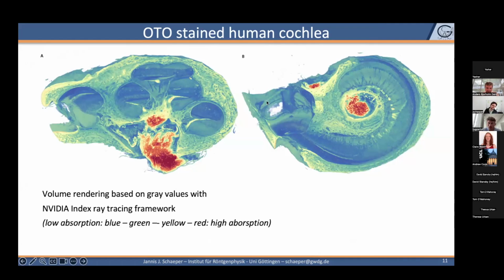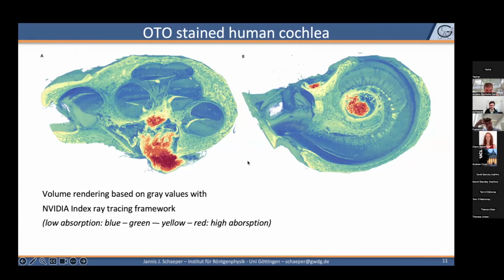Just to give you an orientation on the color map, which I didn't put here: blue is little absorption, and it goes over green to yellow to red, which is the more heavily stained part of the sample. And you can really see here on the right part of the innervations of the organ of Corti.